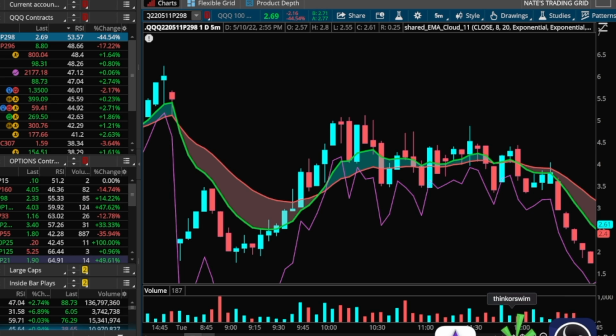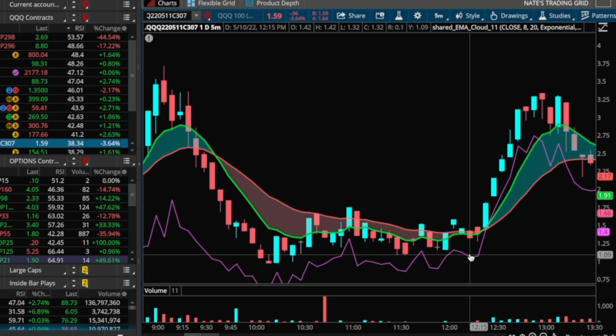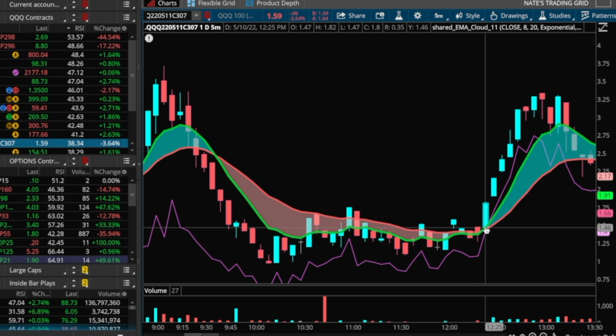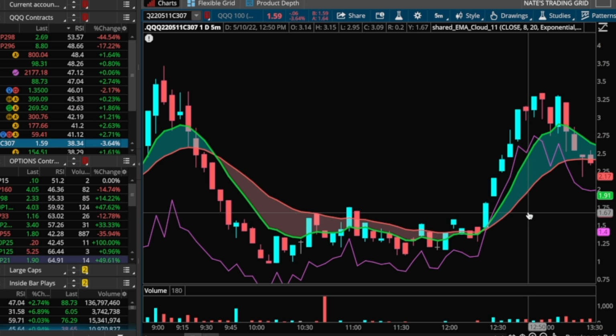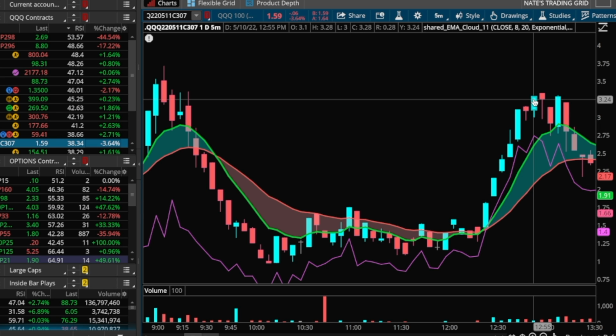So in 25 minutes, let's say we'd have gotten in middle of that candle, you'd have gotten in at $1.64, and you would have sold at 12:55 because you knew what the resistance was on the day. So you'd have sold it at 3.24. That's a 100% move in 25 minutes.